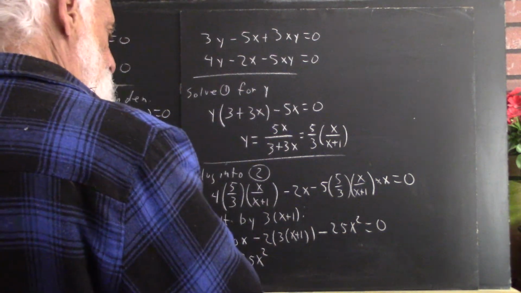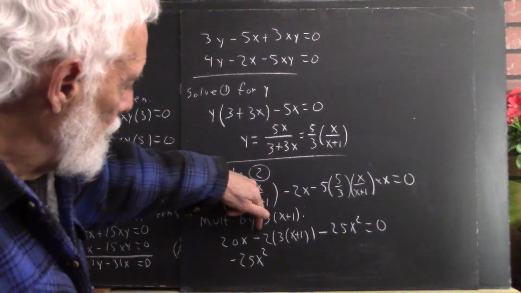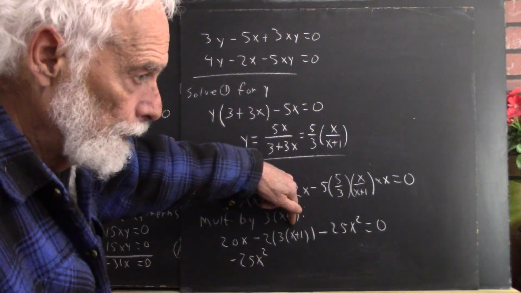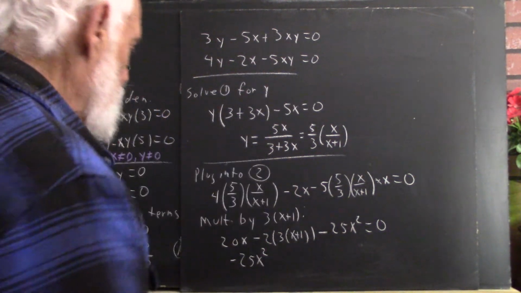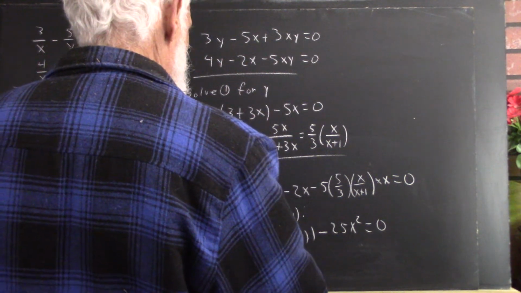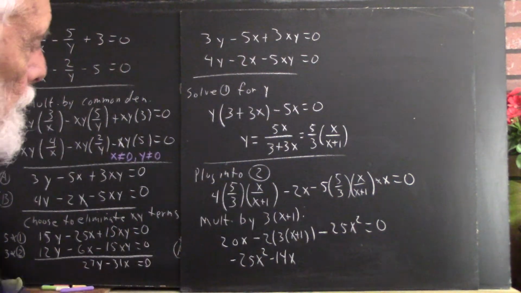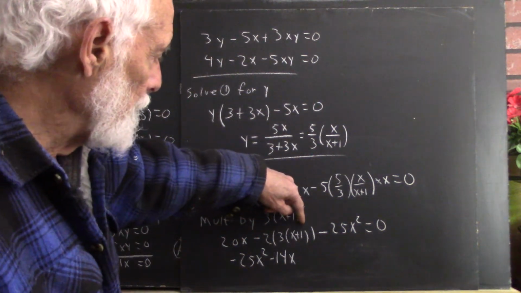And then we get 20x here, and we get negative 6x here. So that would be minus 14x. Yeah, minus 14x. And then we get a minus 6 here.